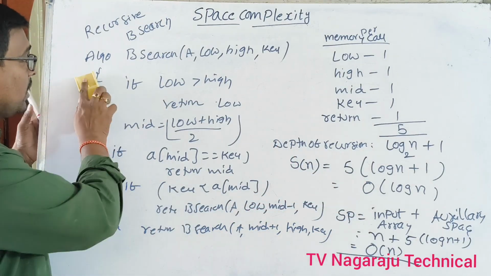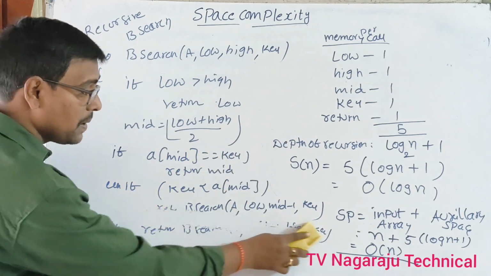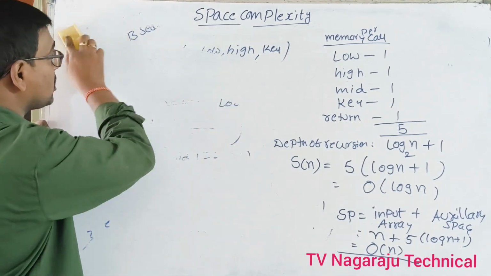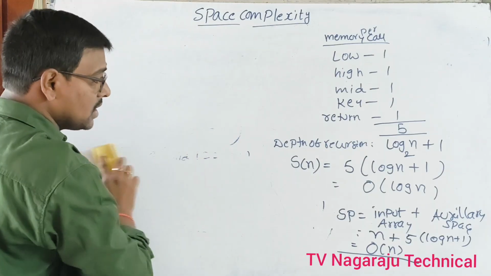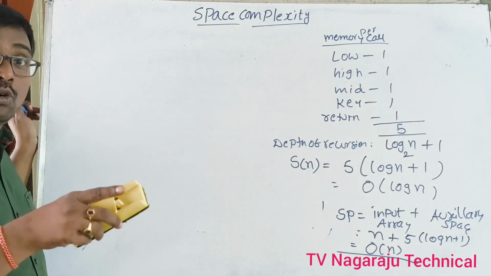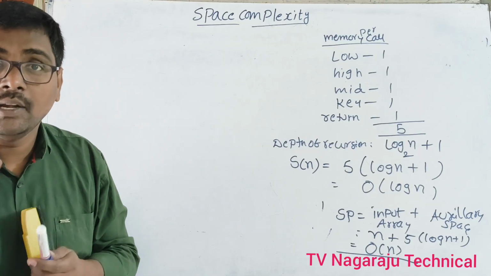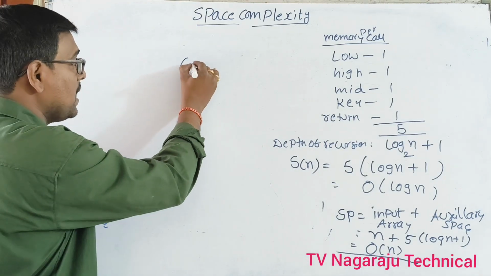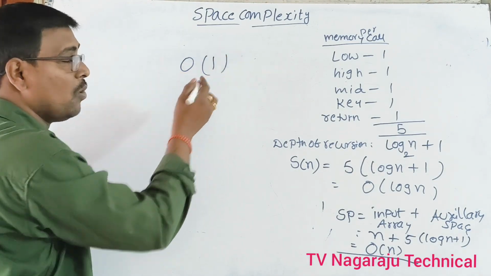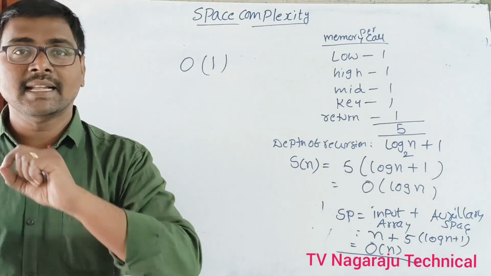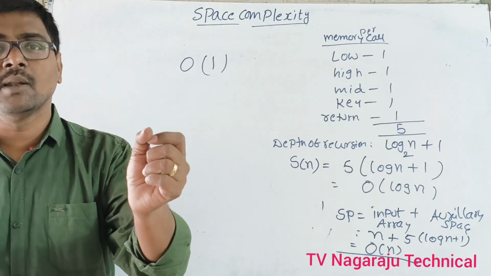One more important thing. Remember, this is the space complexity for recursive binary search. We have iterative binary search also. In the case of iterative binary search, the space complexity is big O of 1. That means in iteration, it does not need any additional memory.